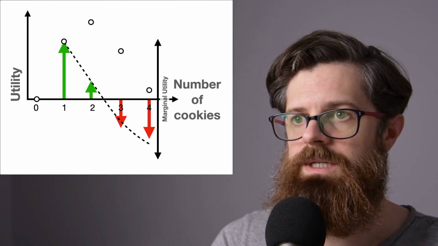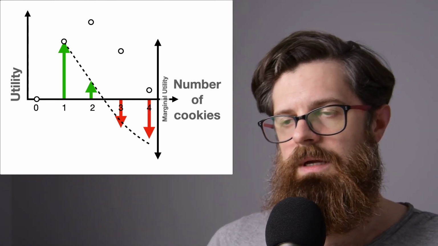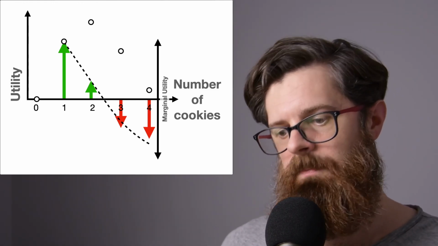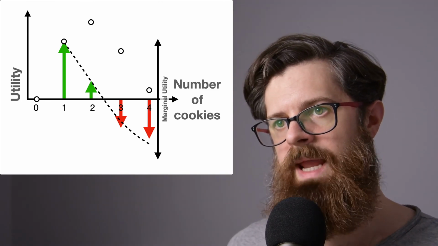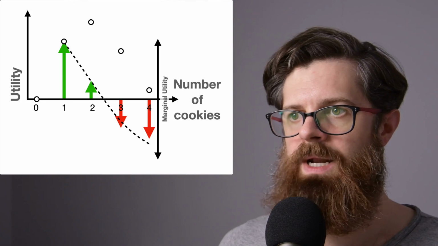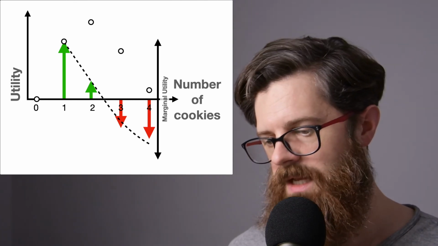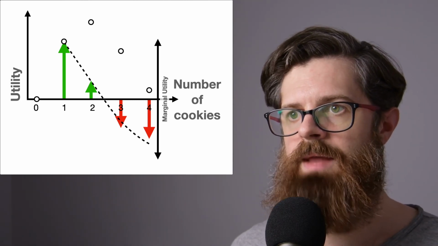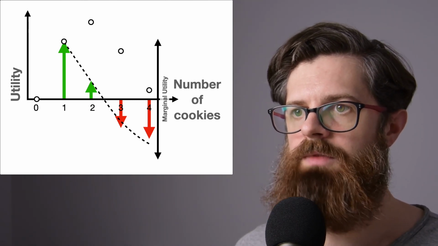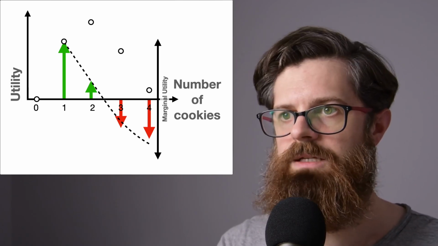So this was just an example to show that the way in which your tangible reward on the x-axis relates to your subjective utility is flexible. There is no correct answer, and that's one of the important points here about the notion of subjective utility.